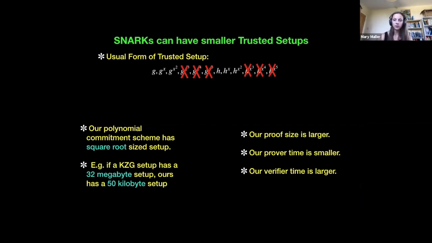Again, not without downsides. Our proof size is going to be larger. Our prover time is smaller, which is actually quite a nice benefit. We're able to open polynomial commitments in square root time.